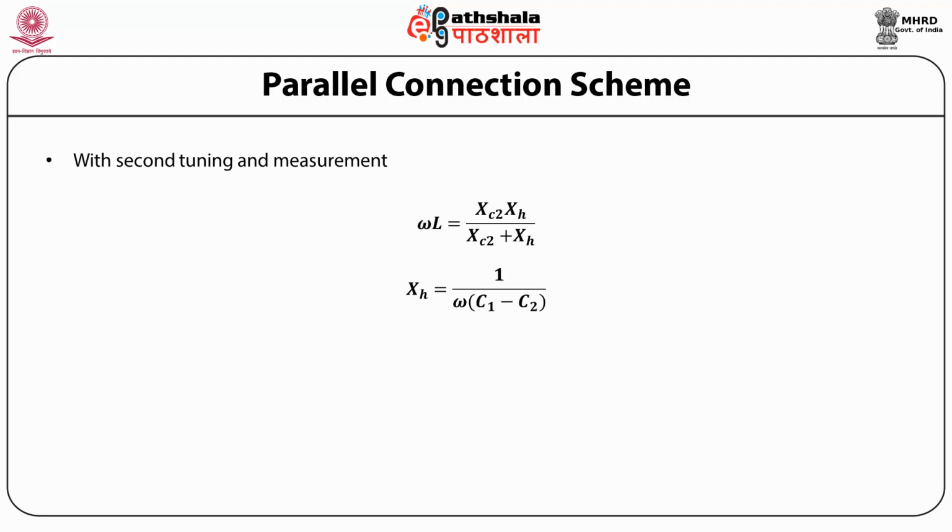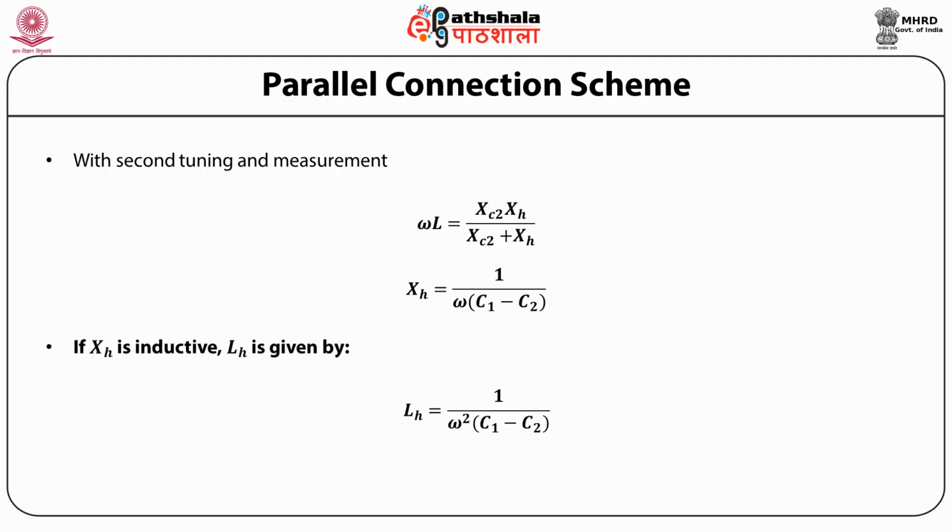With the second tuning and measurement, omega L can be written as (X C2 multiplied by XH) whole divided by (X C2 plus XH). The value of XH is equal to 1 by omega (C1 minus C2).